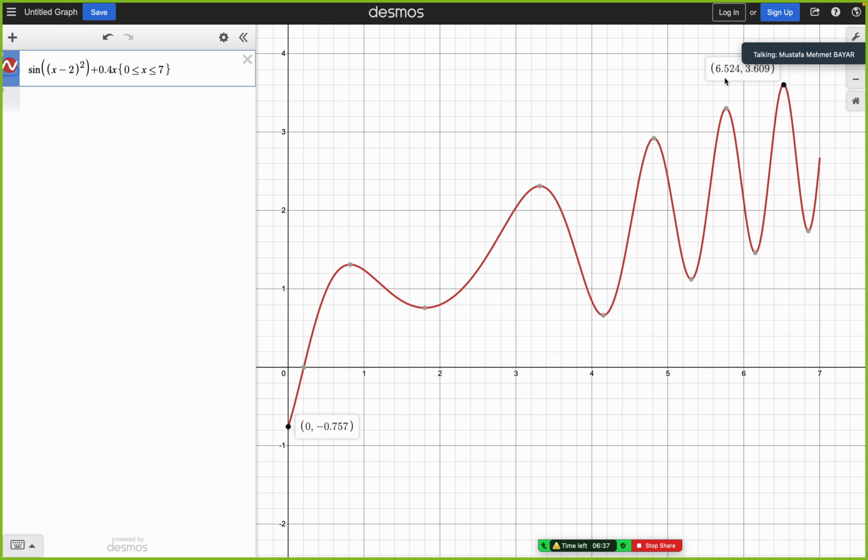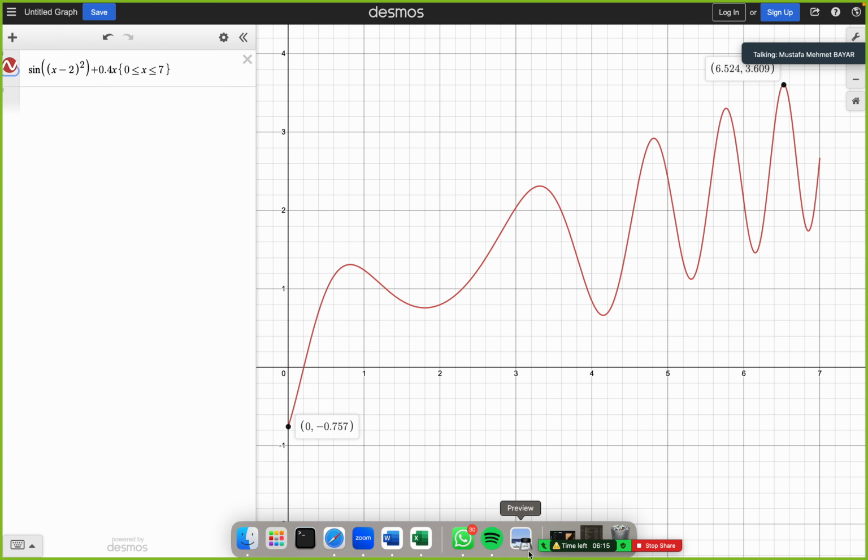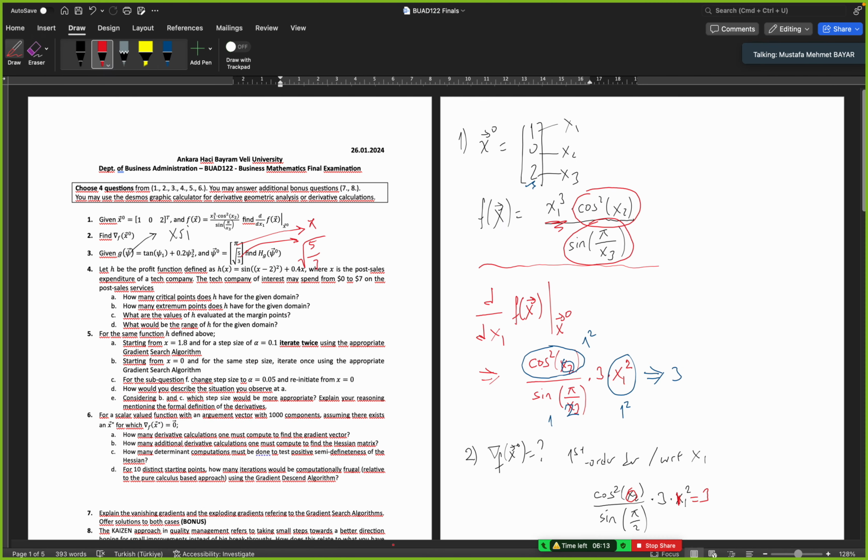Our function evaluated at 6.5 will give me roughly 3.6, which is the greatest possible value, the global maximum of the function. Thus, the range is from negative 0.7 to positive 3.6, and that's it for the fourth question. Let me just get to the fifth question. Or do you have any questions about question 4? Let me ask that first.